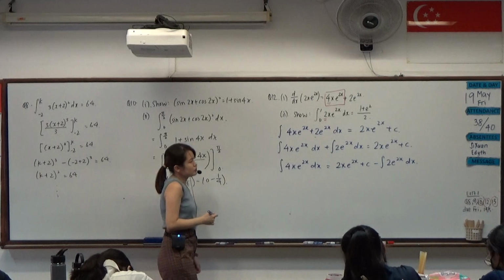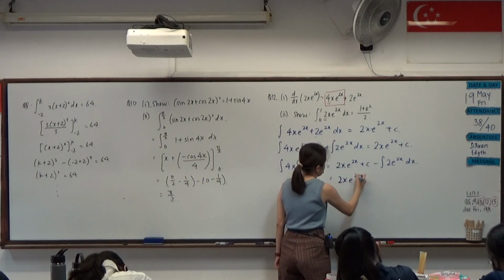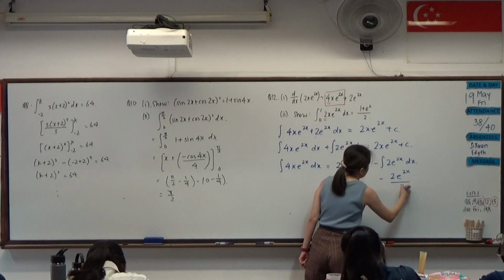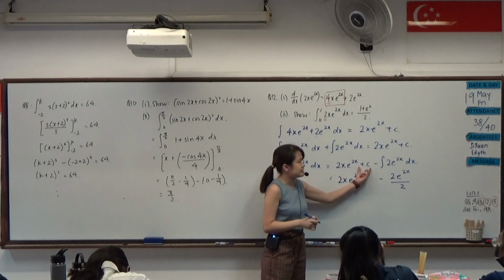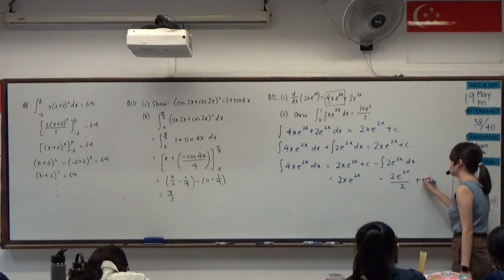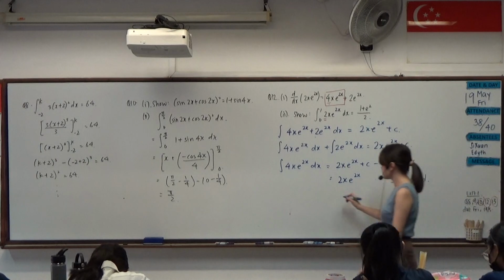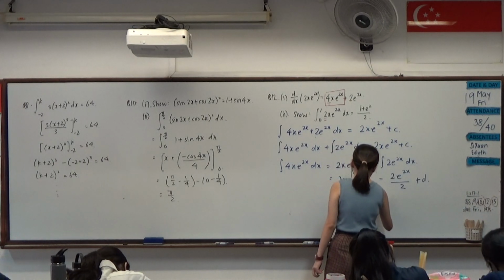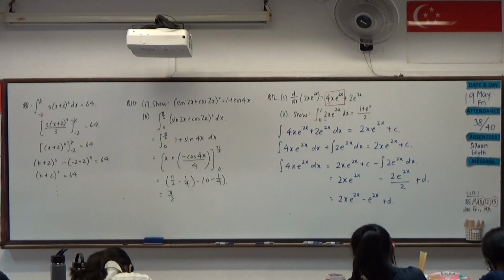And to integrate 2e to the power of 2x, we know that it will give us 2e to the power of 2x divided by 2. I just take this plus c, and integrating this will give us another constant, so I'm just going to put them all together as a plus d.